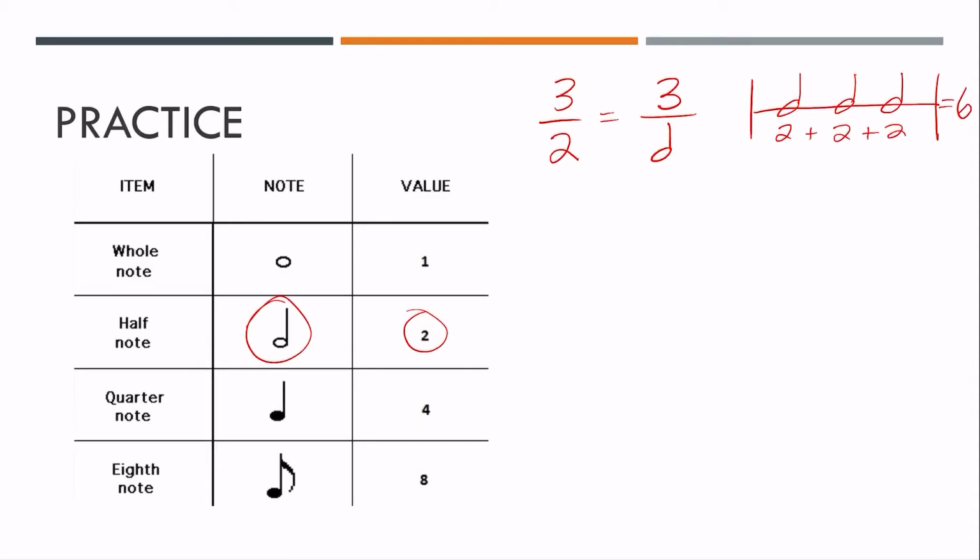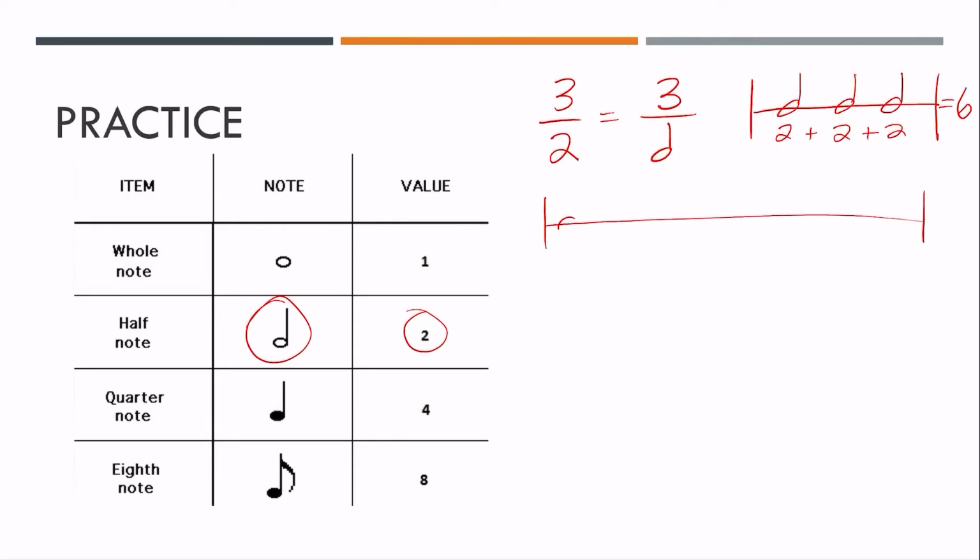So that means that if we were going to write music in 3/2, we can have no more than 6 beats per measure. But we can use any notes we want to fill it as long as we have 6 beats, no more, no less. So remember, we're trying to fill in these measures to equal 6 beats.